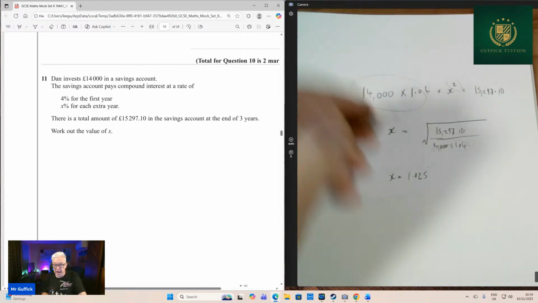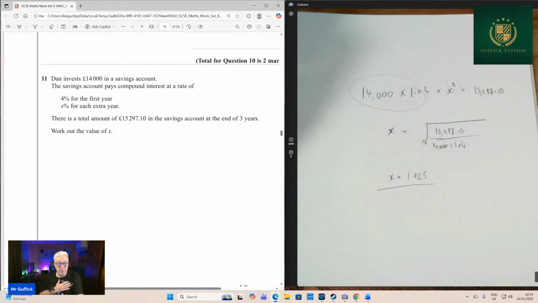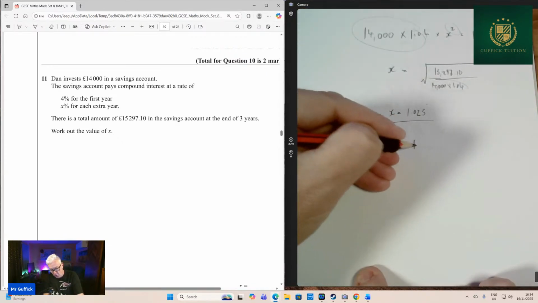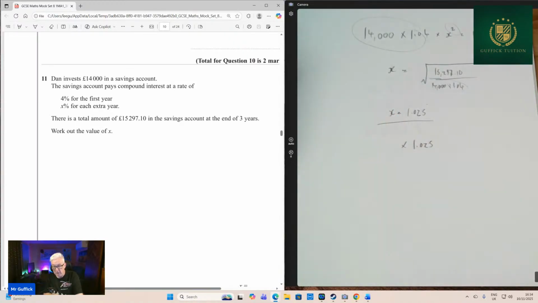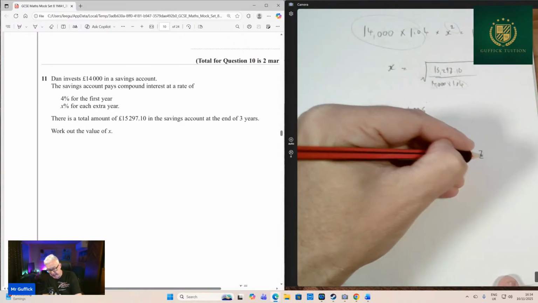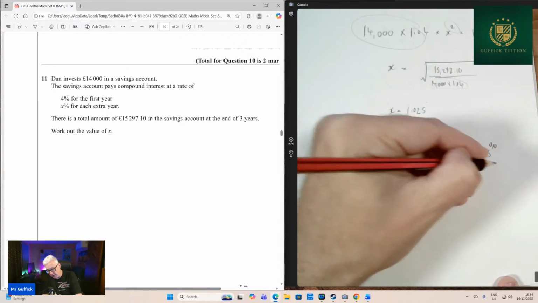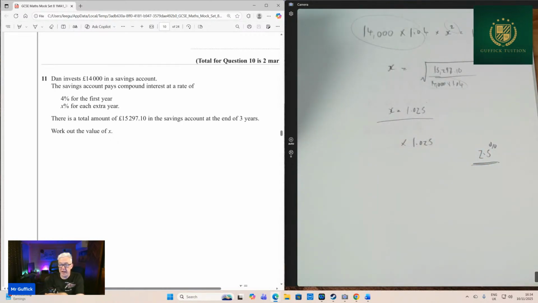Now that is the multiplier, but the question is asking us what the percentage is. So if you've got a times by 1.025, that corresponds to a percentage of 2.5% increase. So the X they're looking for in the question is 2.5.